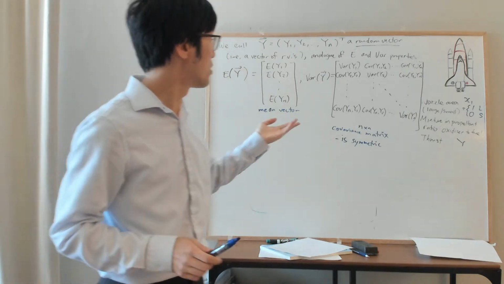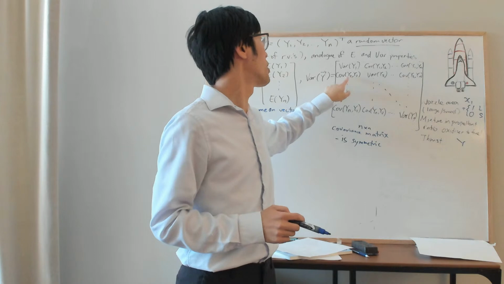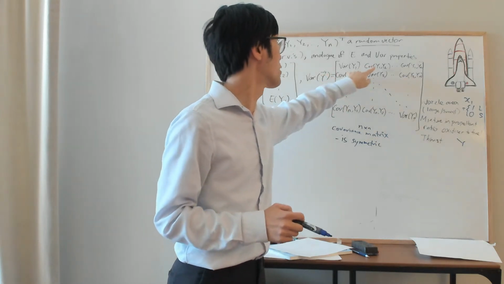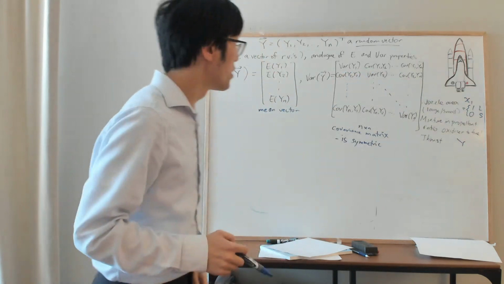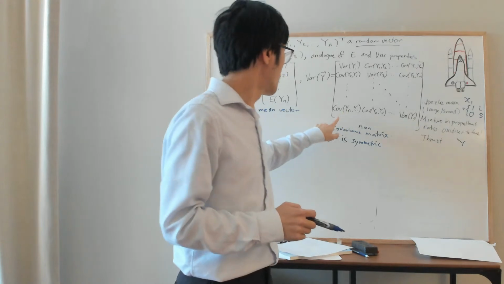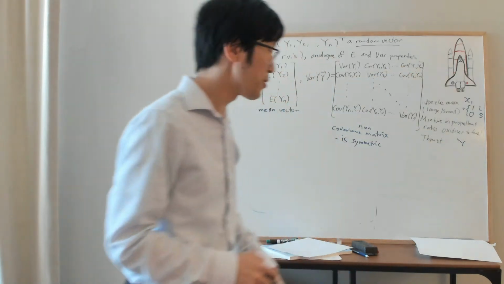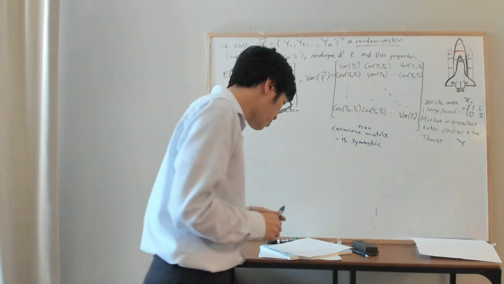We know that is the case because the order in which you write the random variables in the covariance doesn't matter. By definition of covariance, these two entries are the same, and similarly covariance yn with y1 is the same as covariance y1 with yn. So we have a symmetric matrix.